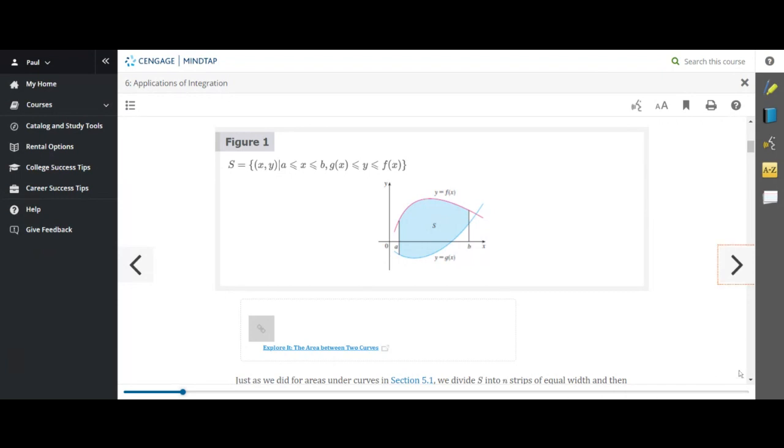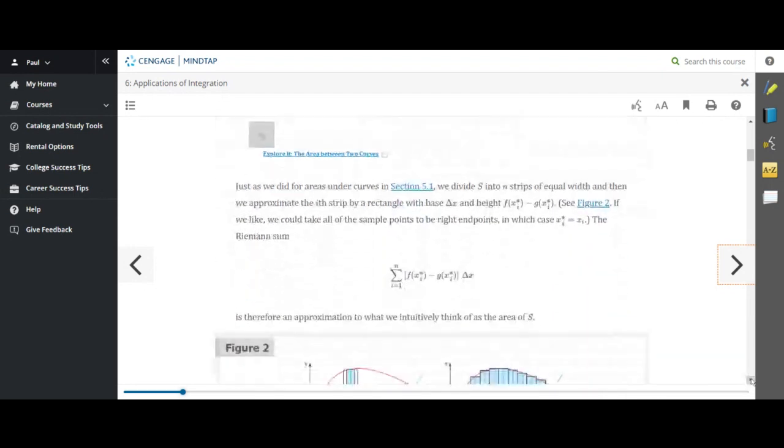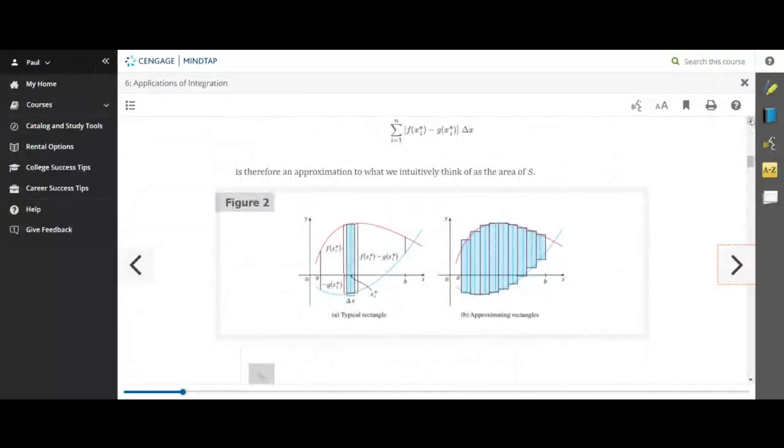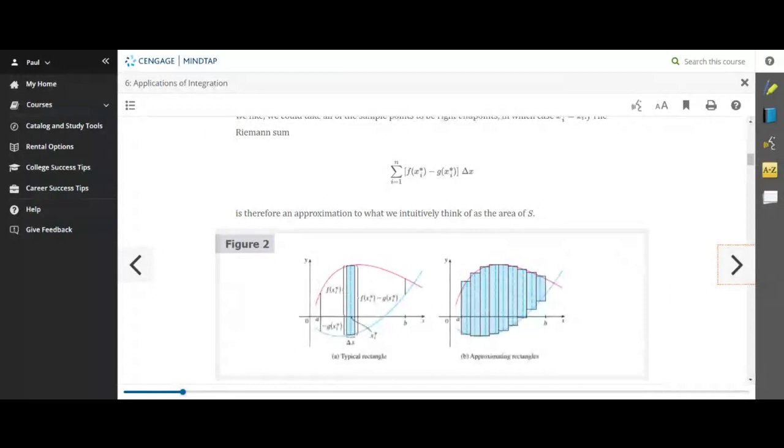So it would be logical to estimate that area just to inscribe some rectangles. The bottom of the rectangle starts at the bottom function g of x, as you see in figure 2 here, and the top of the rectangles stop at the function f of x.